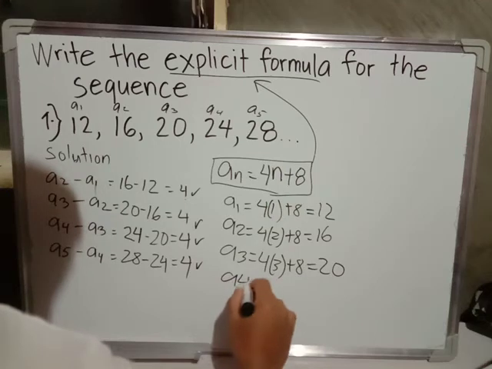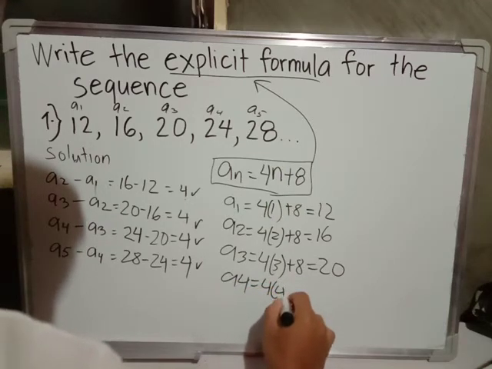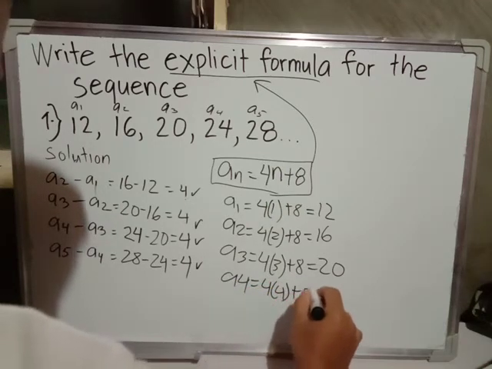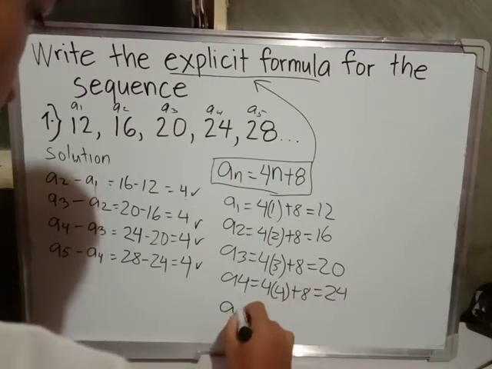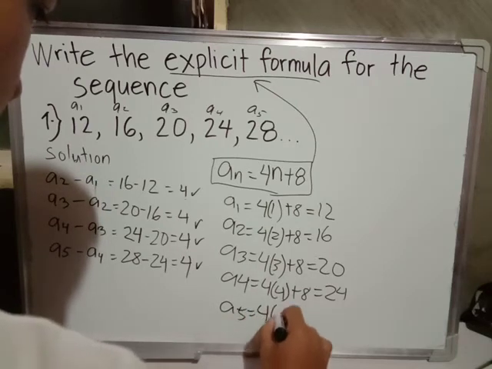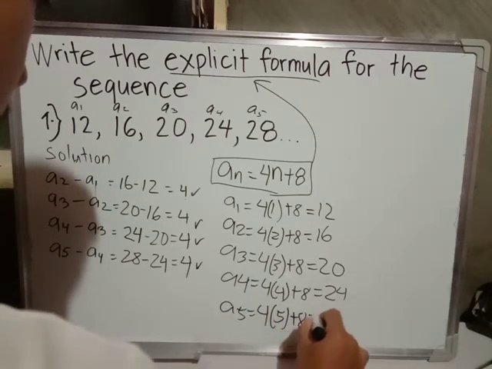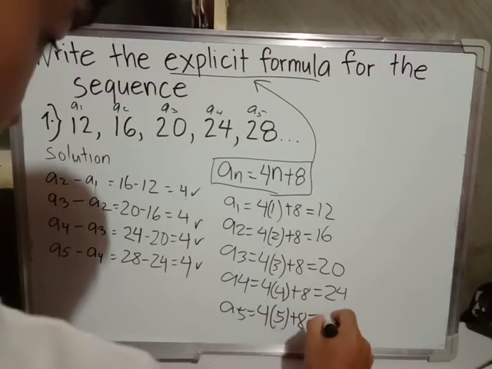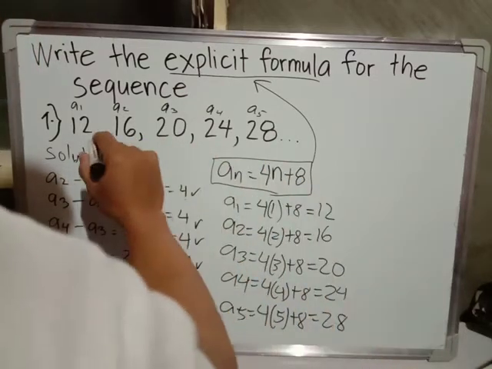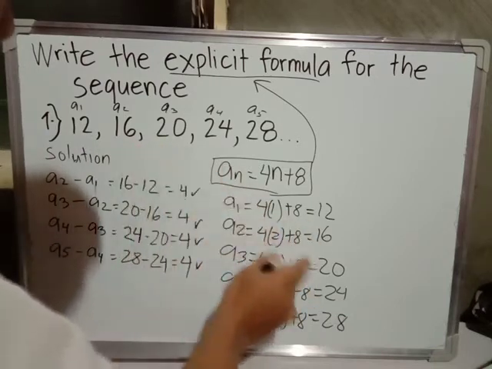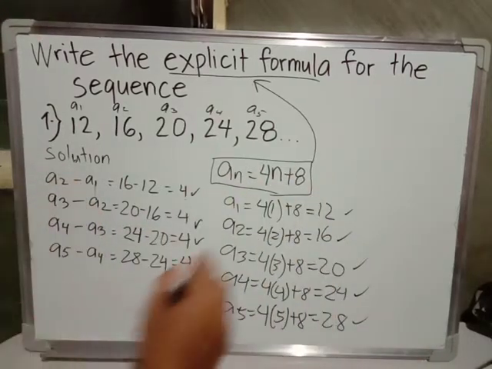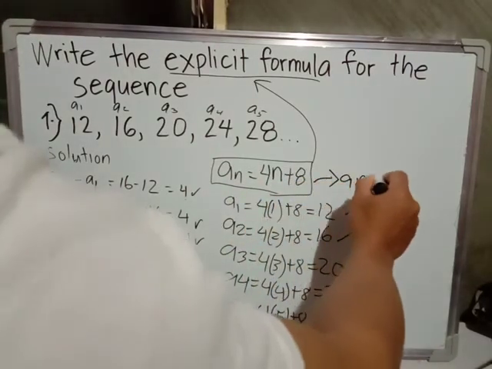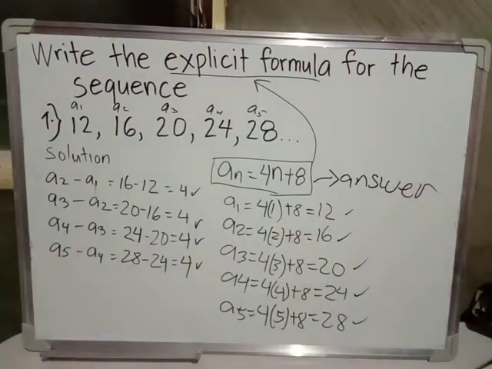E4 is 4 times 4 plus 8, 16 plus 8 is 24. E5 is 4 times 5 plus 8, 20 plus 8 is 28. That easy. So that is our answer, the explicit formula of the sequence.